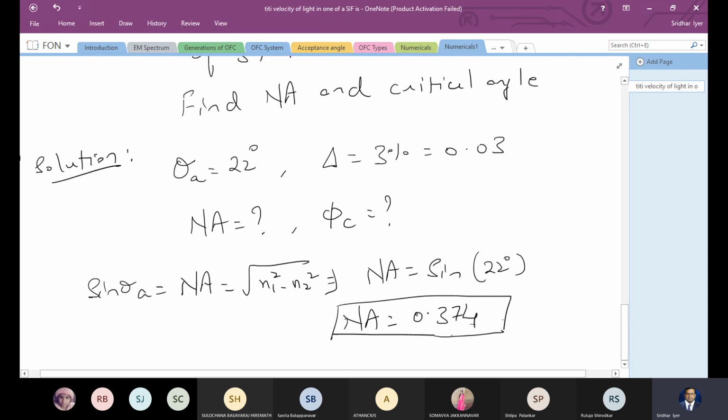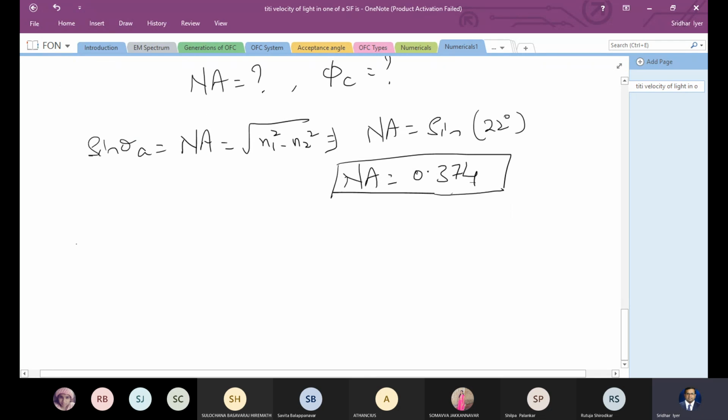The other parameter we need to find is phi c, and we know that phi c is sine inverse n2 by n1. However, we do not know what n1 is. We also do not know what n2 is. So let's first see how we can calculate that.